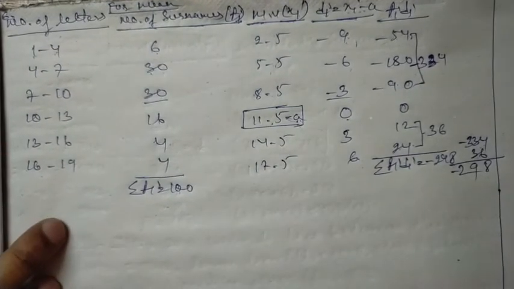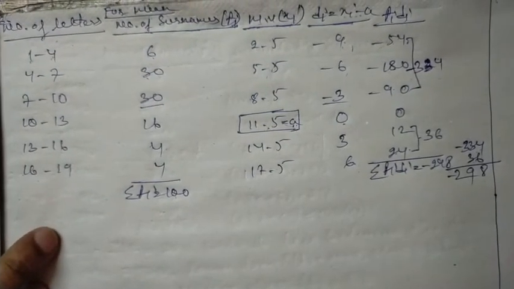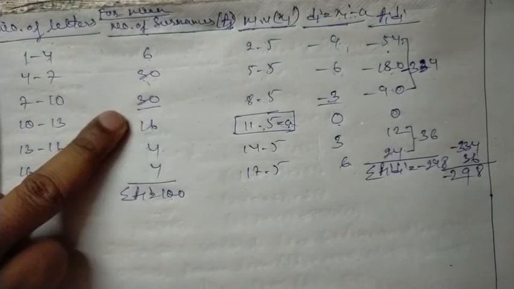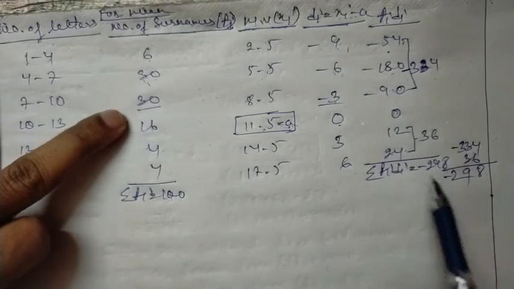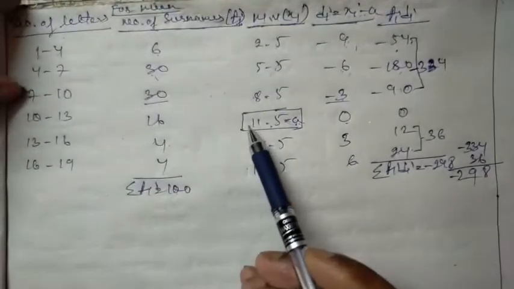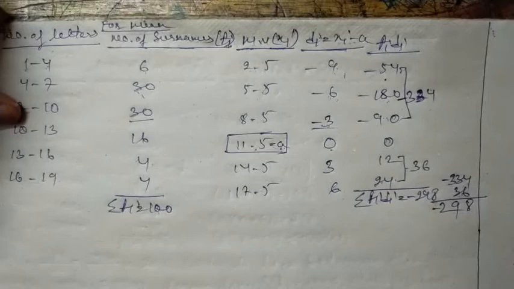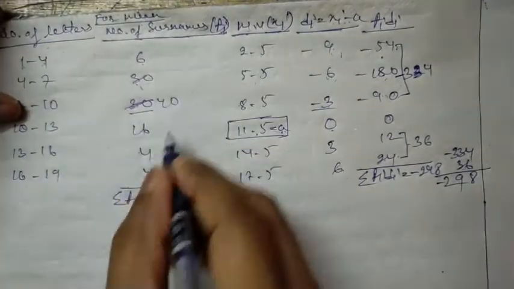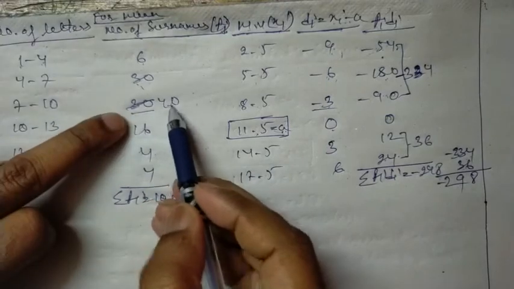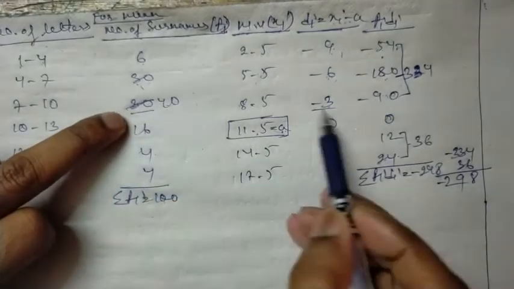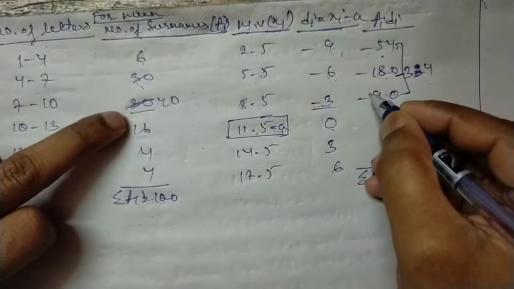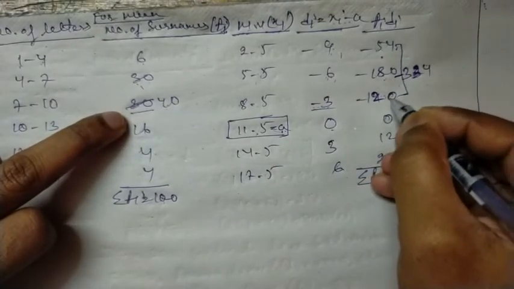Okay. Now here you see, here the frequency is 40 over here. Okay, the frequency is 40. If we multiply this one, 40 into minus 3, we will get here 3 4s are 12, means 120.